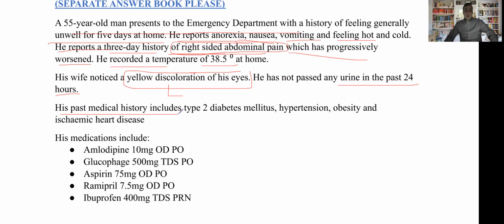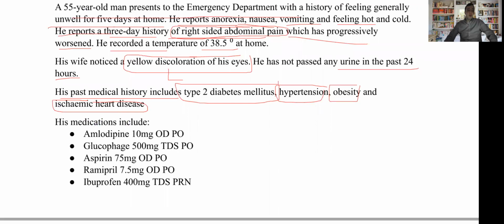His past medical history includes type 2 diabetes mellitus, so he is type 2 DM, and hypertension, and obesity, and ischemic heart disease. His medication includes amlodipine. Amlodipine, it is the calcium channel blocker. Glucophage, this is an oral antihyperglycemic agent. Aspirin, this is a non-steroidal anti-inflammatory drug, and antiplatelet.